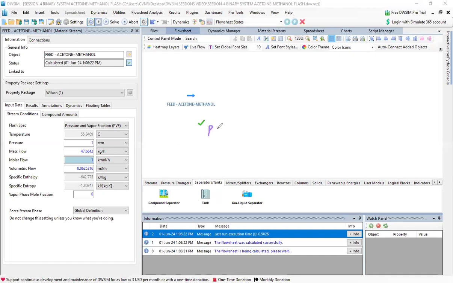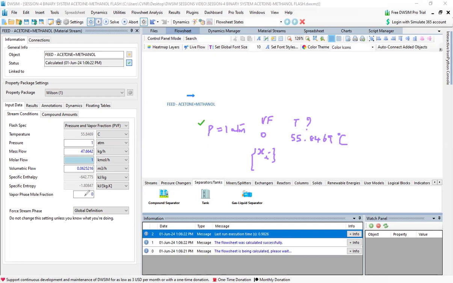The pressure is known as 1 atmosphere and the vapor fraction is 0, so it is entirely liquid. We know the mole fractions of the liquid and we are estimating temperature. The temperature is 55.8469 degrees centigrade.